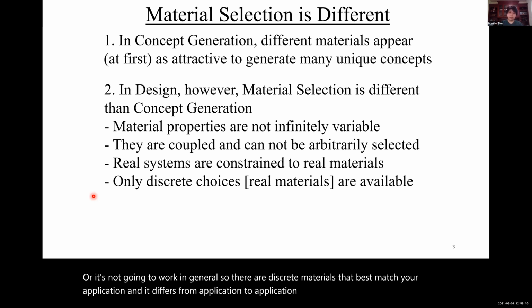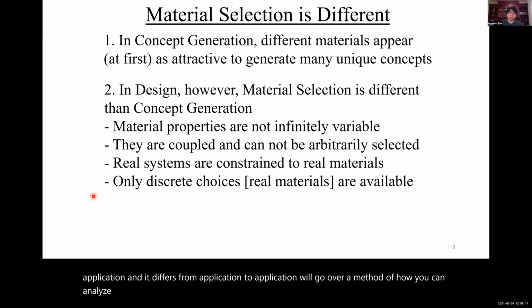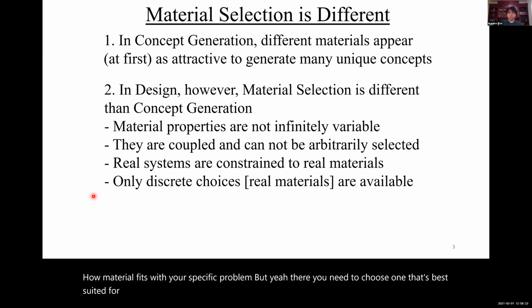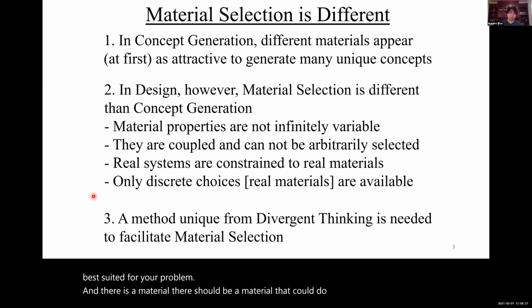We'll go over a method of how you can analyze how a material fits with your specific problem. But yeah, you need to choose one that's best suited for your problem. And there should be a material that could do that if your problem is realistic.